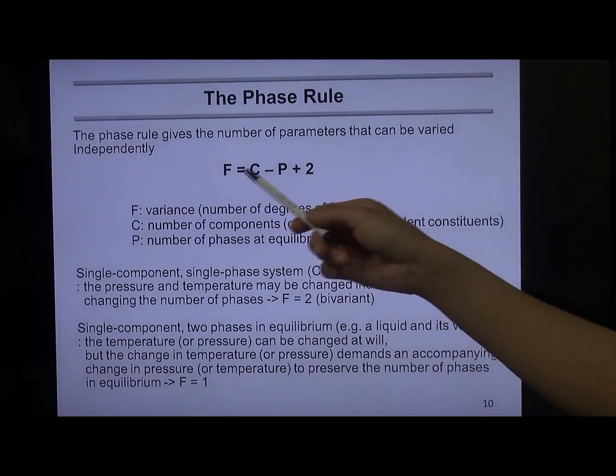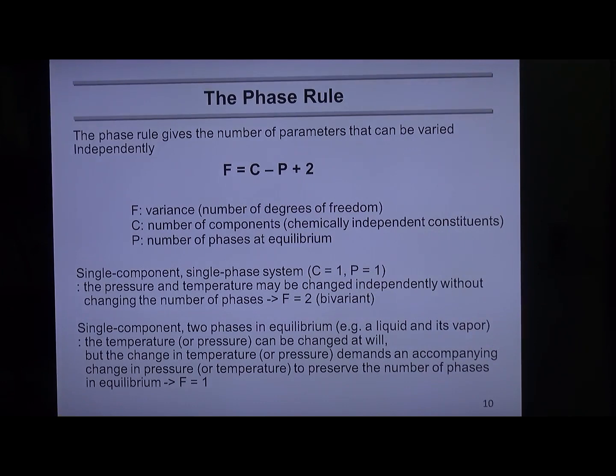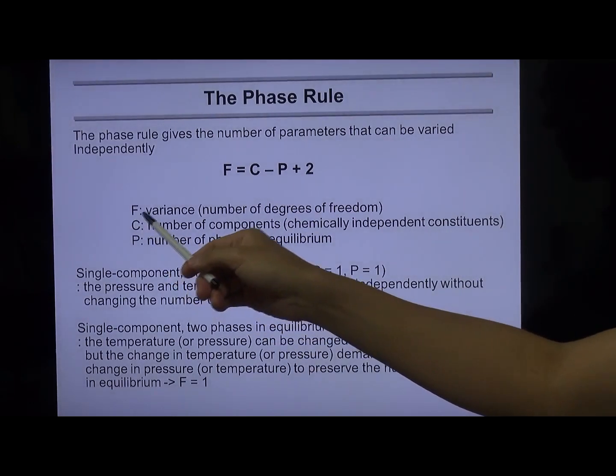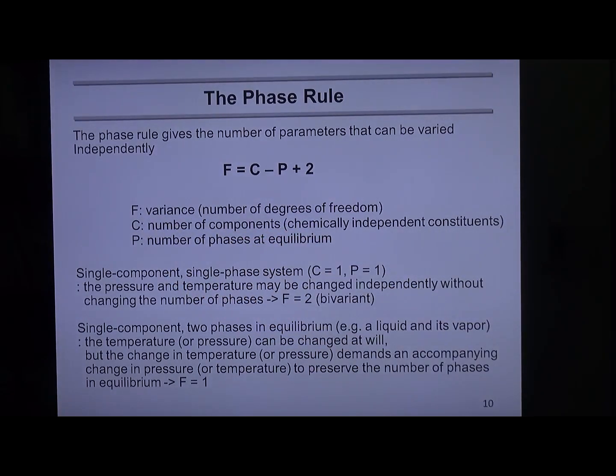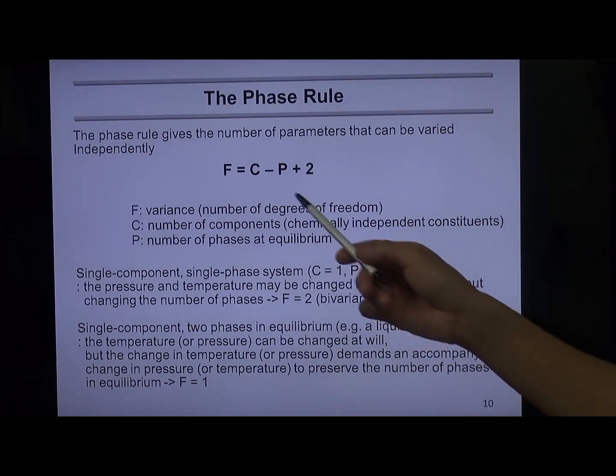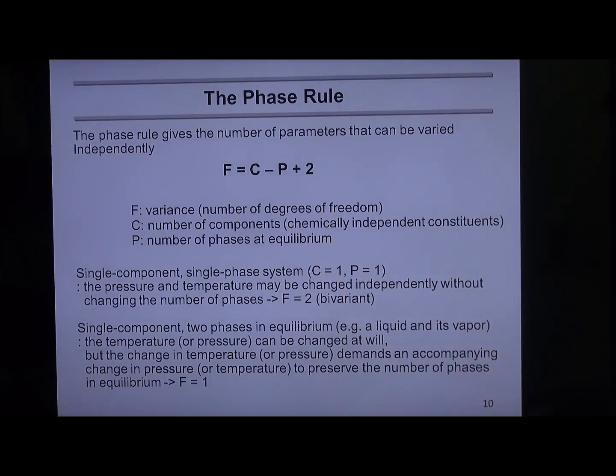What each of these variables represents is, first, F is called the variance or degrees of freedom. Basically F represents the number of intensive variables that can be changed independently. Very difficult, right? You remember what intensive and extensive variables are, from chapter 1.